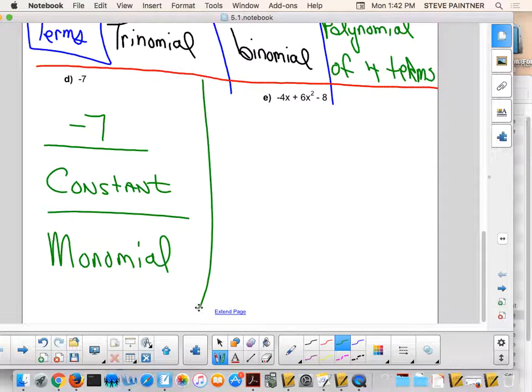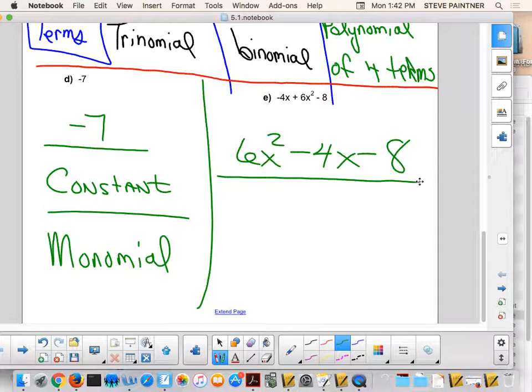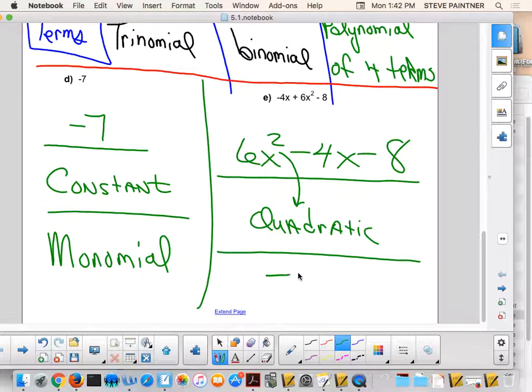Branson, what do you think? 6x squared minus 4x minus 8. That would be quadratic. He looks at the 2, says that's quadratic. He's right. Trinomial. Yes or no? Yes. 1 term minus 1 term minus another term. That's 3 terms. It is tri, and it's nomial.